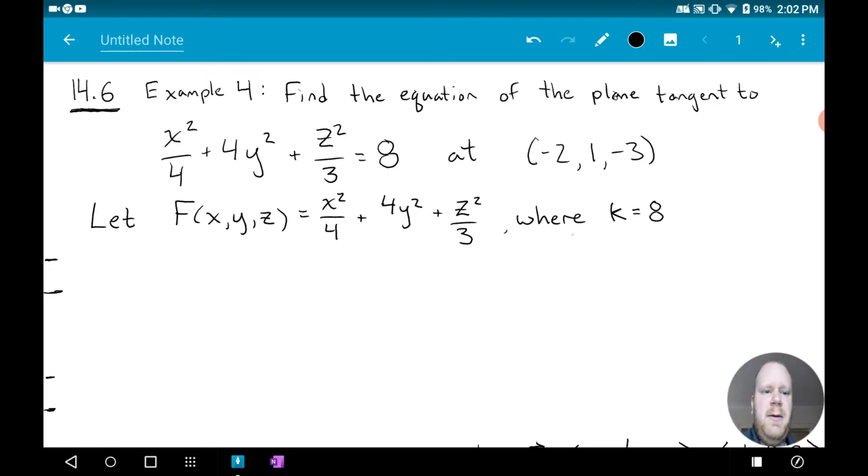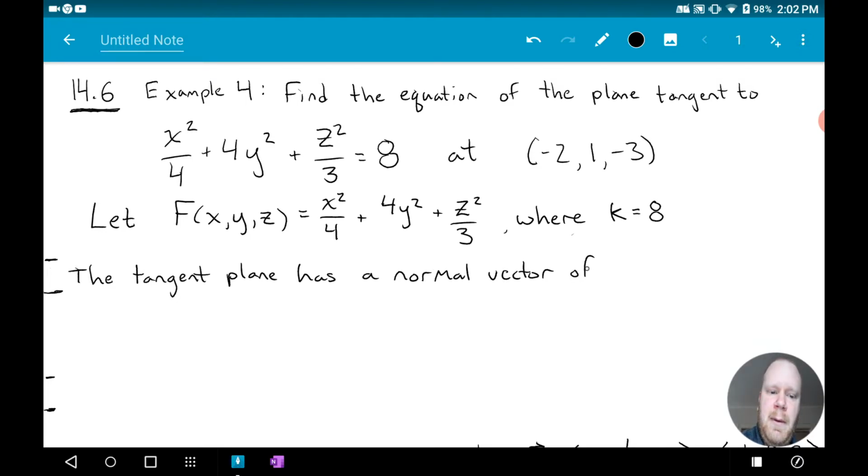So we're trying to find the equation for the plane tangent to this, and that tangent plane has a normal vector of the gradient of this function that we just defined, and that's going to be evaluated at the point x naught, y naught, z naught.